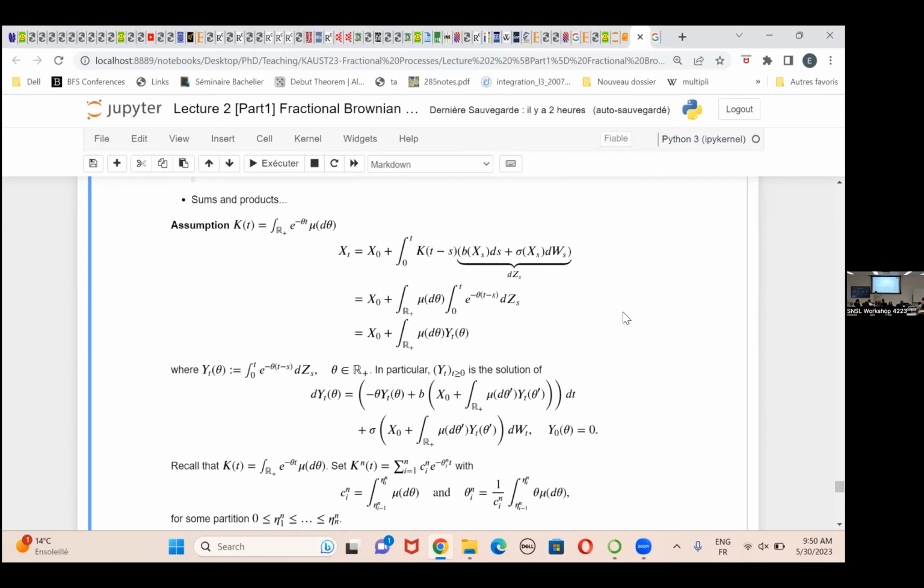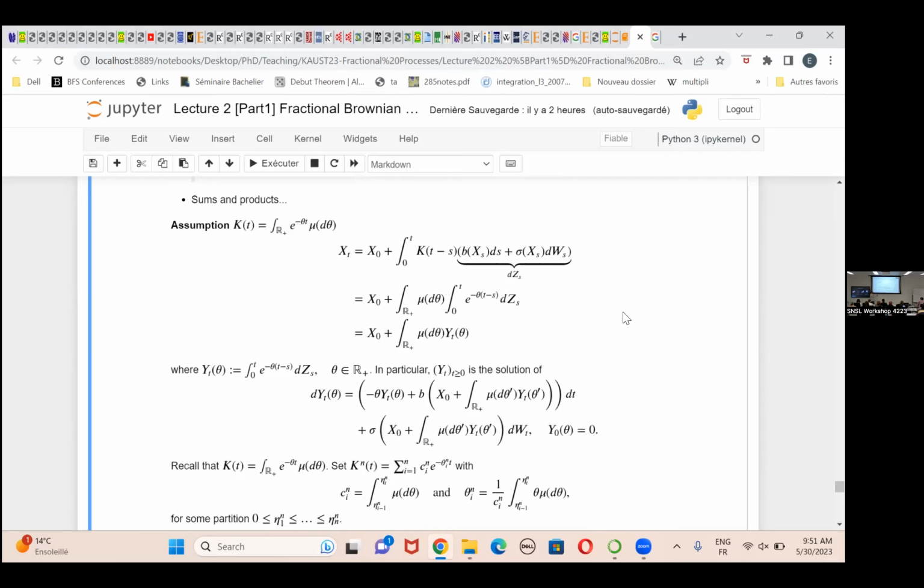Here also, so these two parts are the same. The only difference is that they have a different mean reversion parameterized by theta. So you can see this as a family of processes indexed by theta, with different mean reversions. And what is x then? It's simply a weighted sum, that can be infinite, of these y theta.